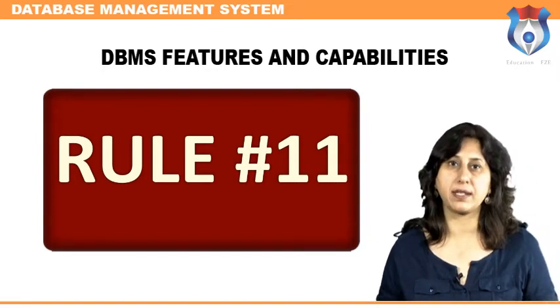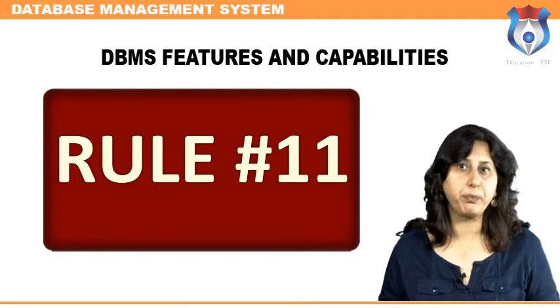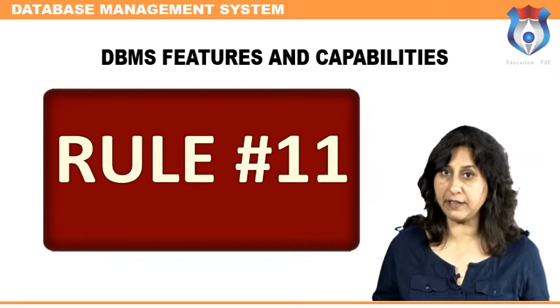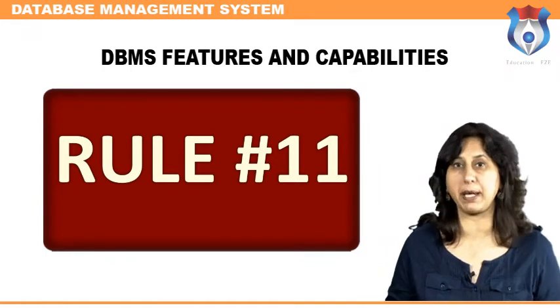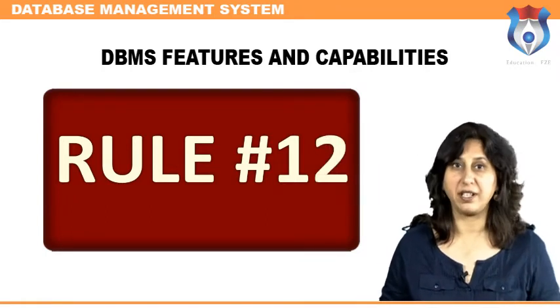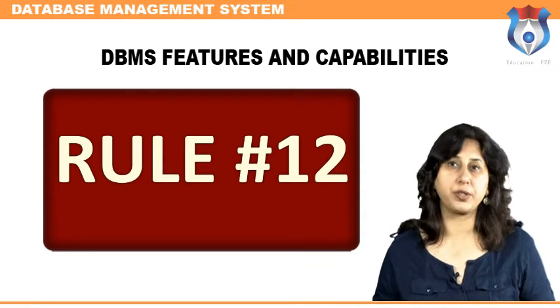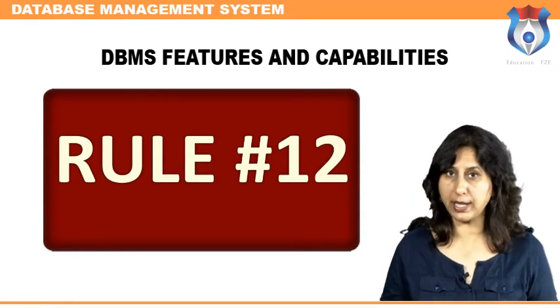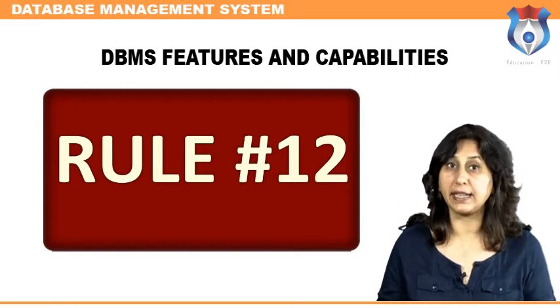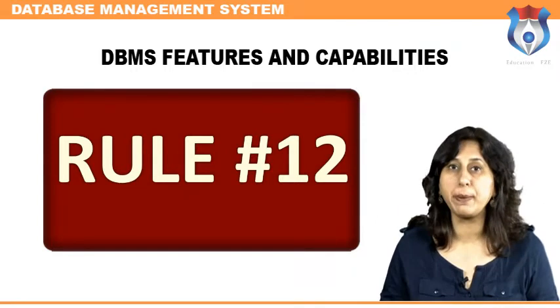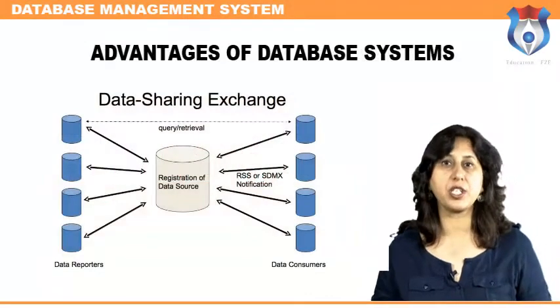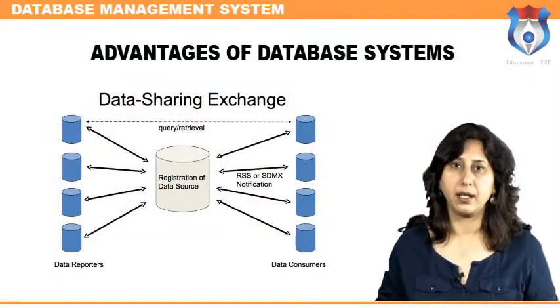Distribution independence. The distribution of portions of the database to various locations should be invisible to users of the database. Rule 12. The non-subversion rule. If the system provides a low-level record-at-a-time interface, then that interface cannot be used to subvert the system.